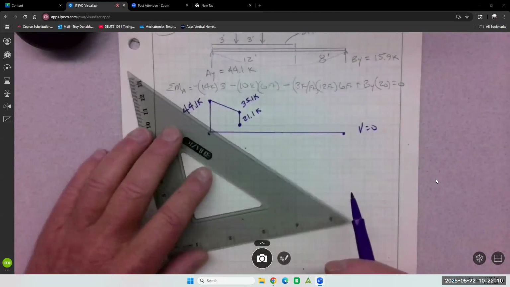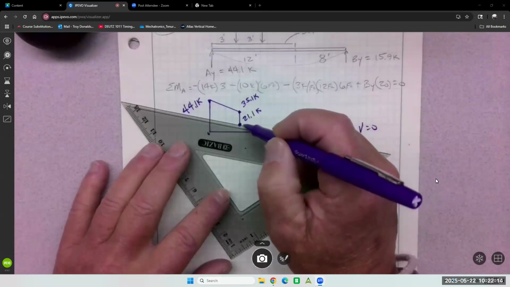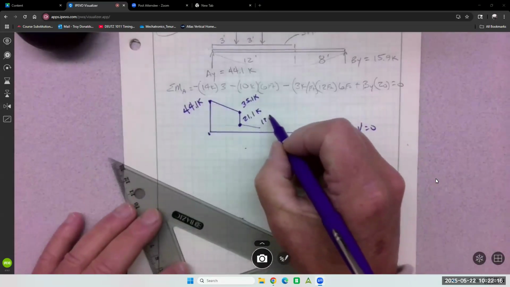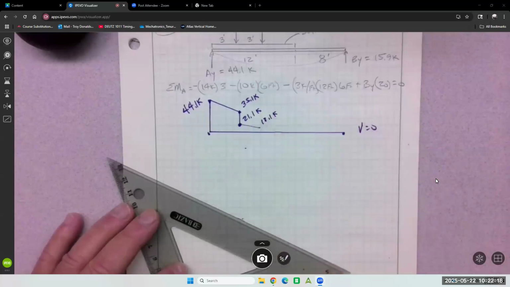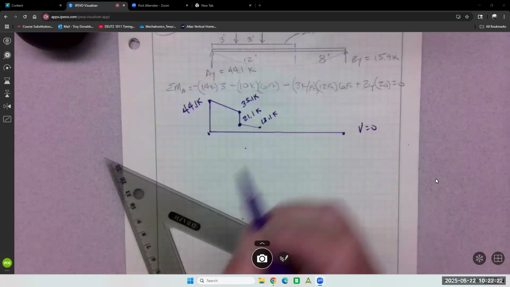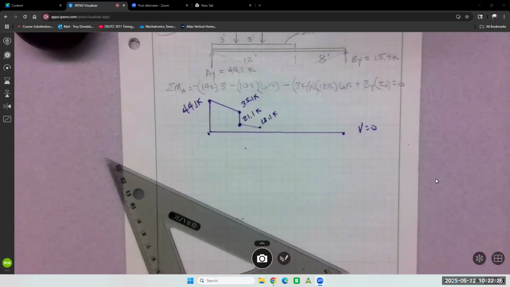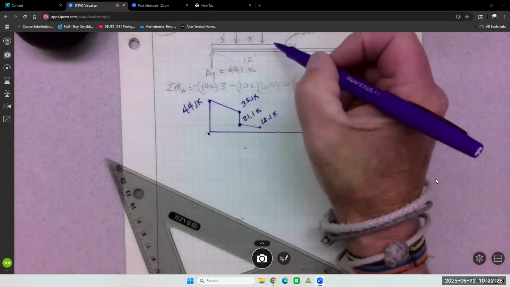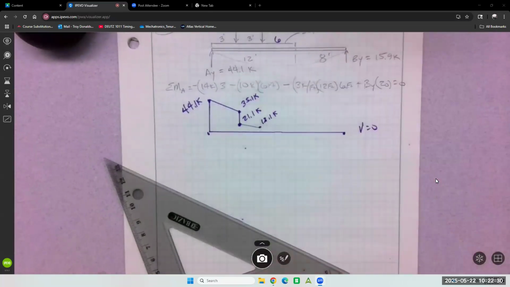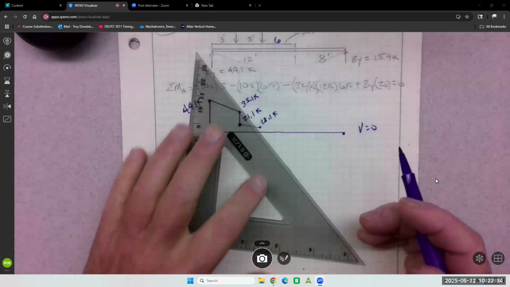To 12.1. Gonna run out of space. I'll make it work though. Hasn't crossed yet. Then it goes down. So what's this? 6. This is 6 out here. 6 times 3 is 18. So there it crossed.